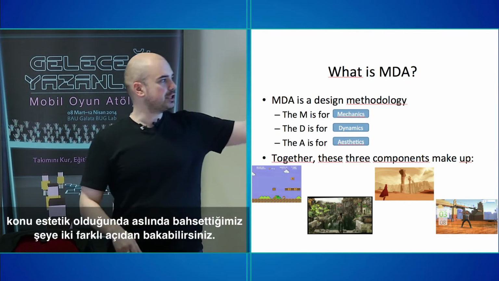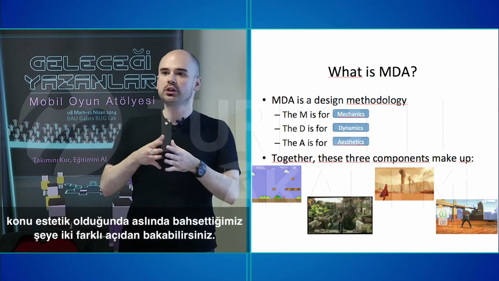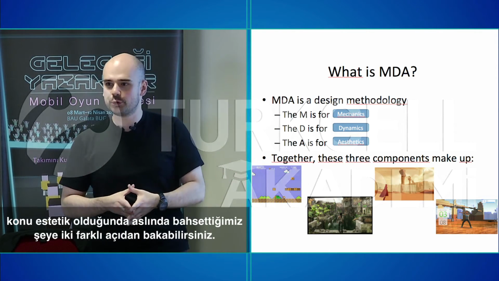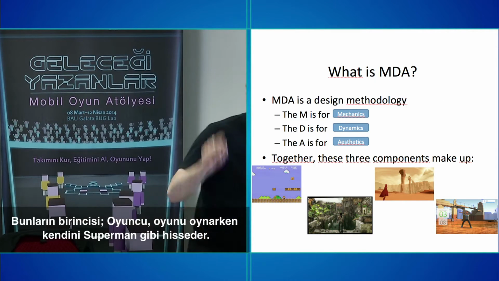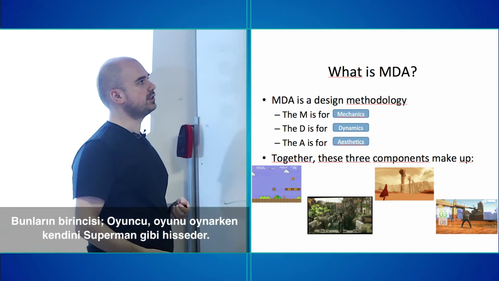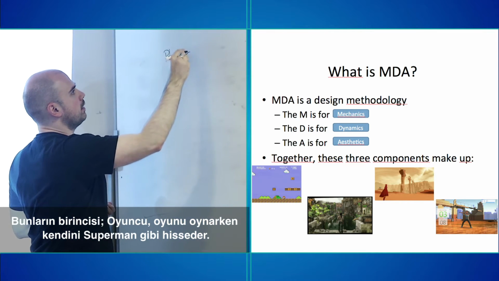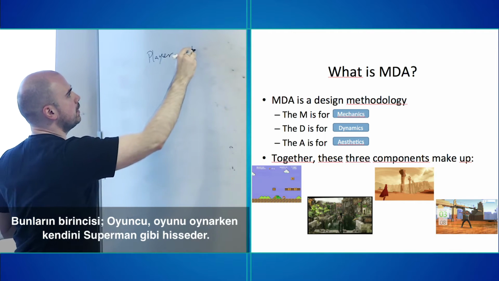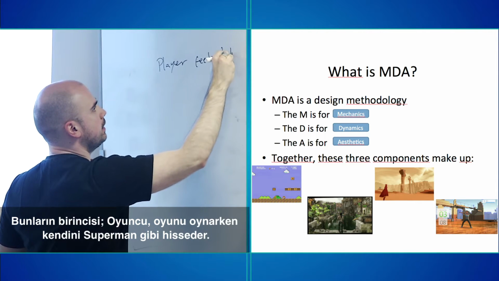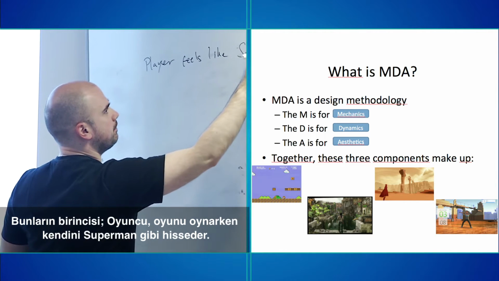So when we're talking about aesthetics, as I say, emotional content, you can look at aesthetics from two different perspectives. Number one, we're back to the old school whiteboard. One way of looking at aesthetics is to say that the player feels like Superman.